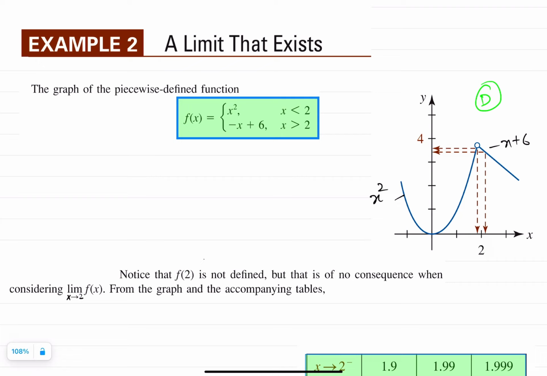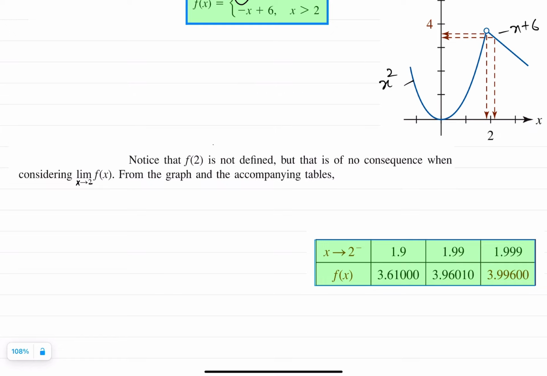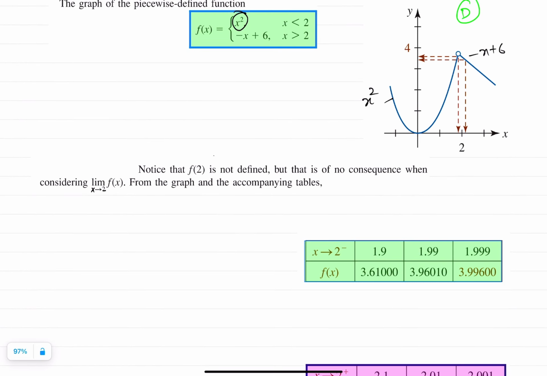If you want to find the limit at x equal to 2, for the left part we will have to take this function, that is x squared. We will take the values closer to 2 from the left hand side. First we will take 1.9, then 1.99, then 1.999.